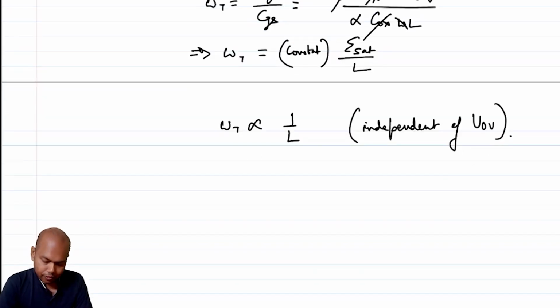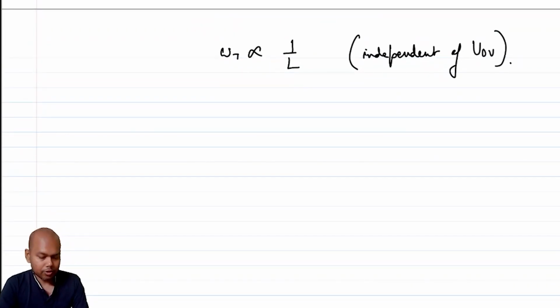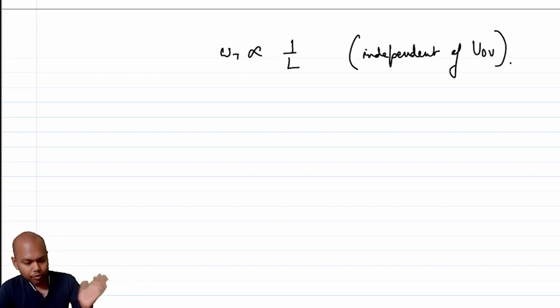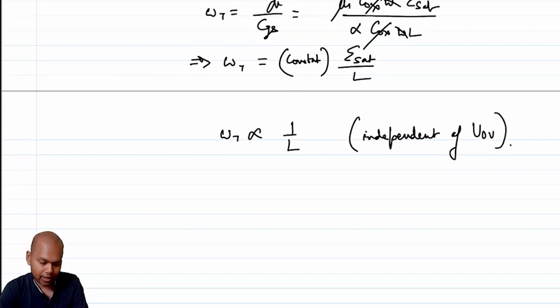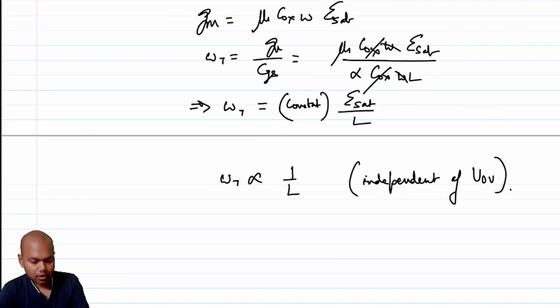Okay, so if you are truly using a device which is velocity saturated at both ends, then you are going to see a scenario where you have hit a brick wall in terms of design parameters, because if you choose an L which is minimum, you will not be able to go lower than that, and you will see that your V overdrive, the other handle that you have, is also gone.